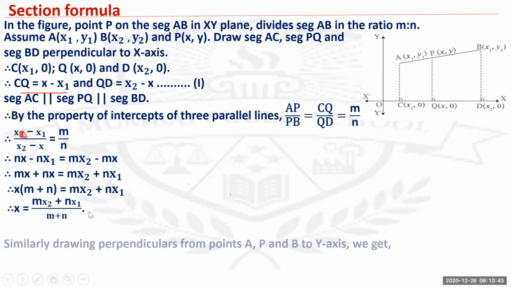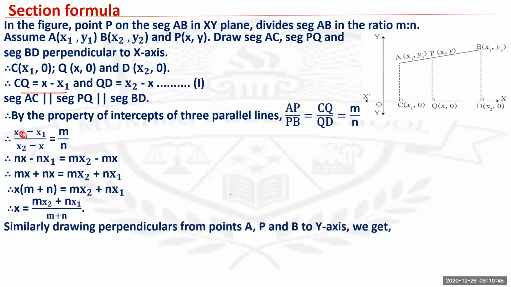Now you will apply the same thing to get the y coordinate. So similarly, drawing perpendiculars from points A, P and B to the y-axis, we get y equals my2 plus ny1 upon m plus n.